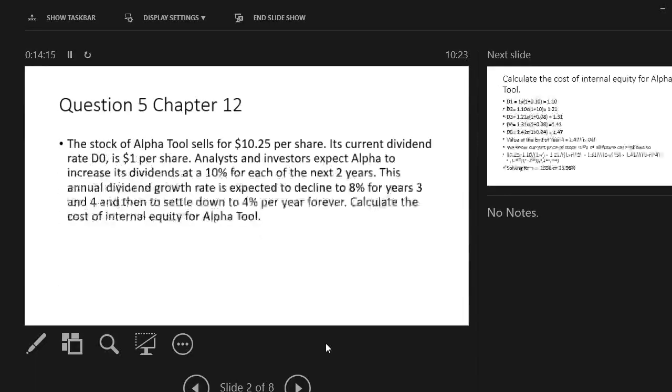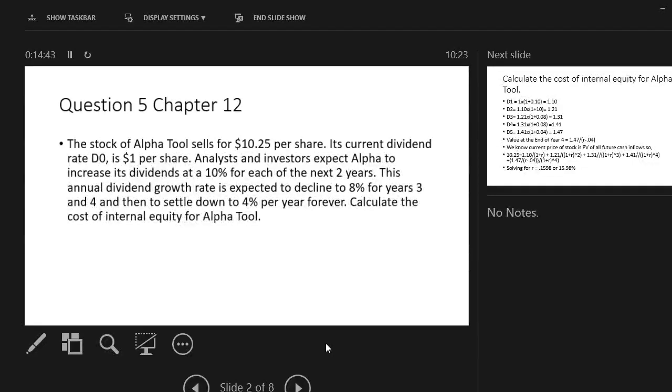So maybe I'm just going to quickly get back to the question, which says the stock of Alpha Tool sells for $10.25 per share, right? And its current dividend rate, which is D0, is R1. So that we are working with the dividend rate, which is currently at $1 per share.